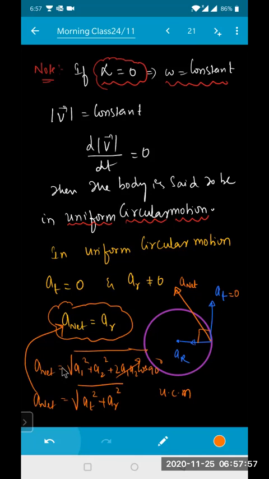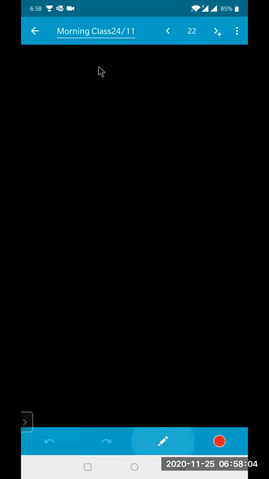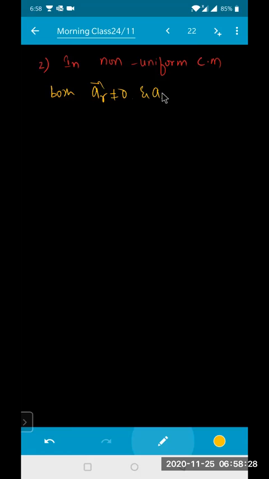Okay? I told you this part, no? Chalo. The same way, in non-uniform circular motion, both the radial acceleration is not equal to 0 and tangential acceleration is also not equal to 0.